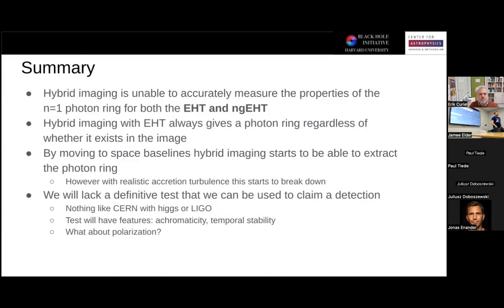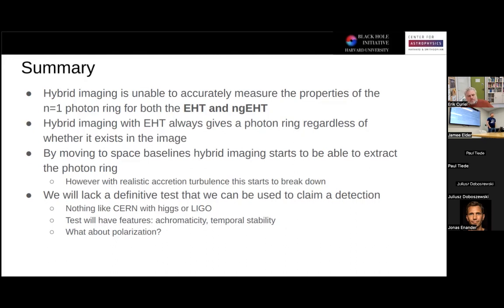Because it sounds to me like to model non-curvedness, you're scaling the n equal to 1 ring down arbitrarily. But if you use actual geometry models and try to do this, and you get the n equal to 1 ring right for curved and non-curved, then that'd be a good test. Right? Yeah, I agree. If you put in some alternative metric or theory and see the ring change, and you see it change as well, that's a good test as well.